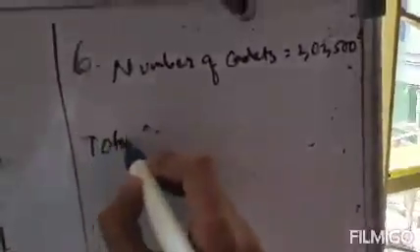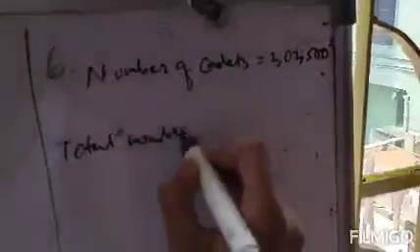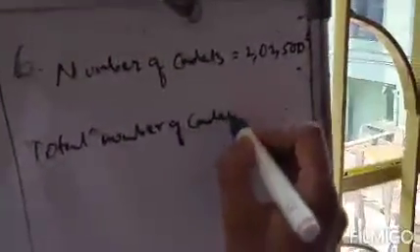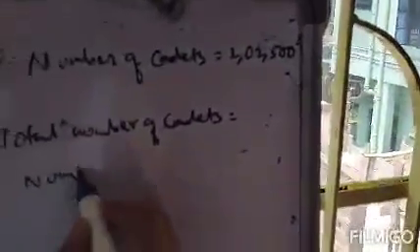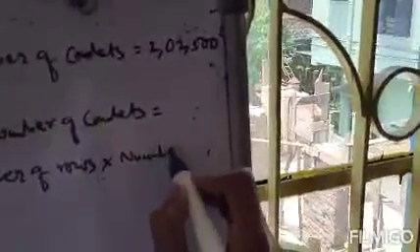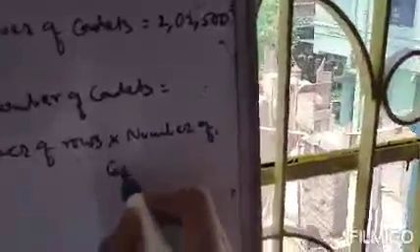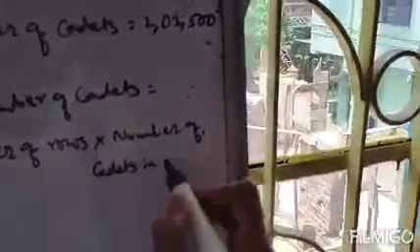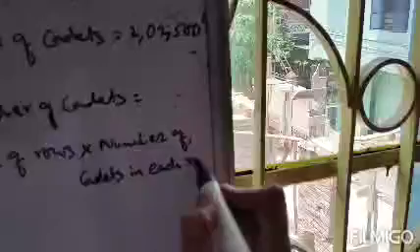So we will write here: total number of cadets equals number of rows into number of cadets in each row. This will give you the total number of cadets.